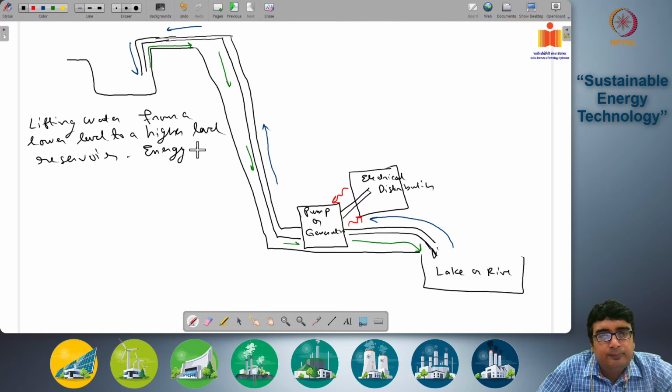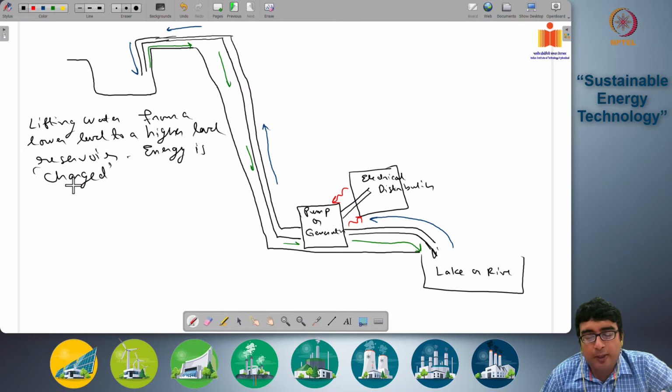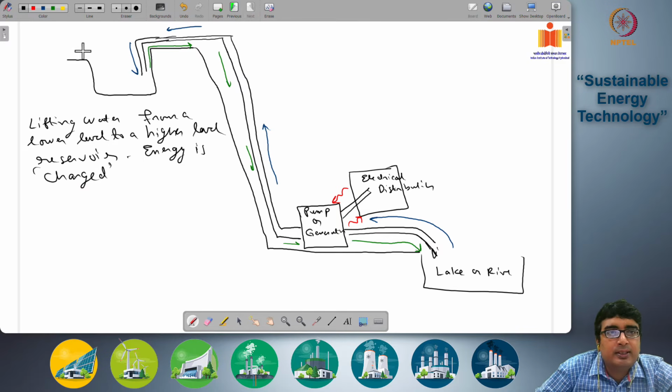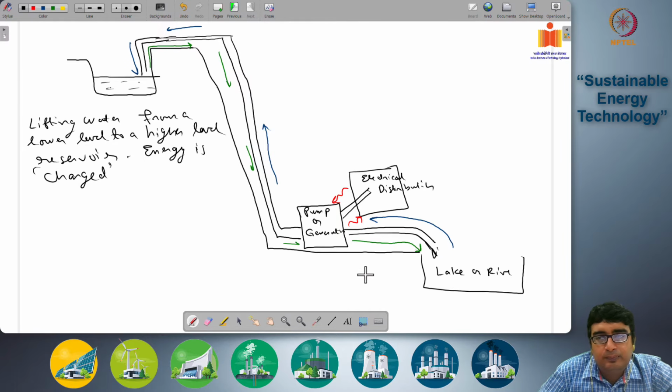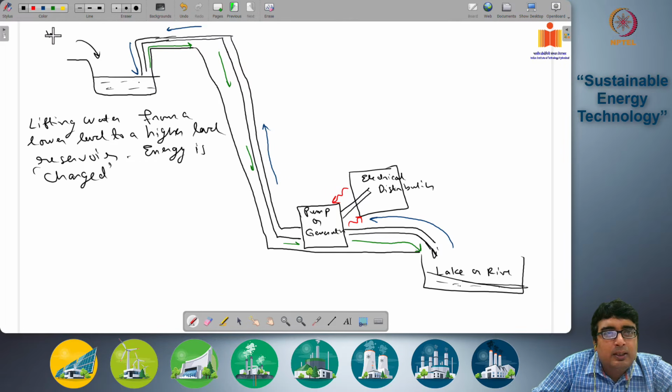Energy is charged. So if we use the language that is always common with energy storage systems, we are basically charging the energy storage system when we are putting water into the high level reservoir. So this is the high altitude reservoir.